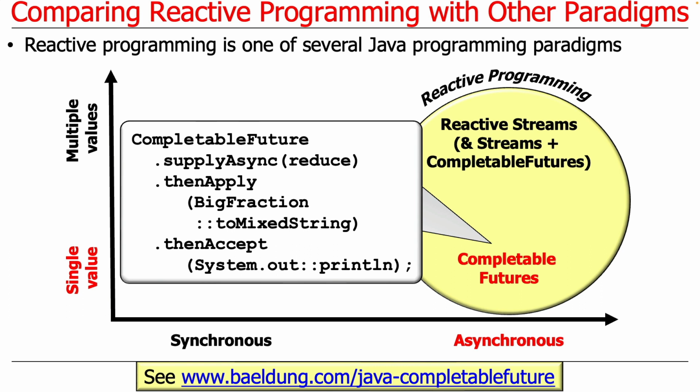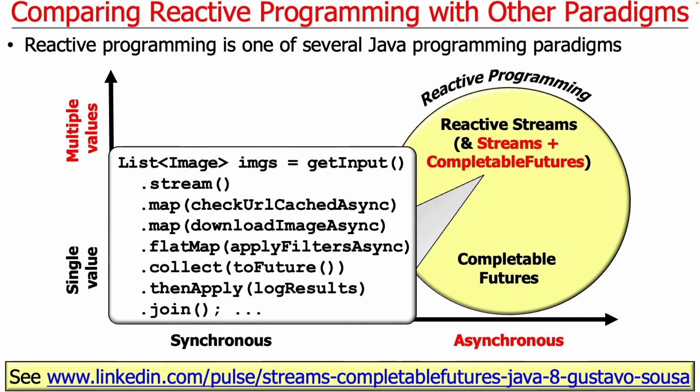And then as the background operations complete, you can chain together a pipeline of so-called completion stage methods that do their processing with respect to what happened before. So you get a synchronous programming look and feel, but the actual computations are taking place in the background. So that's asynchronous single value.